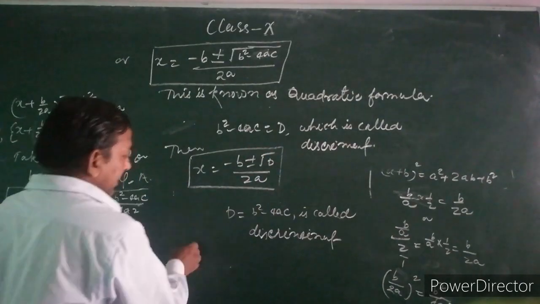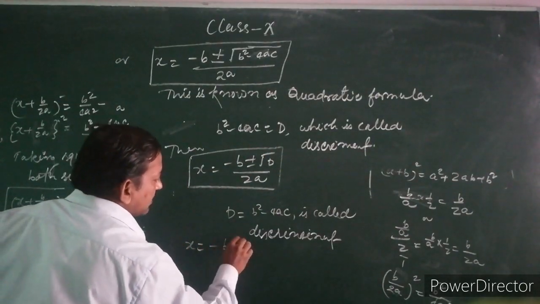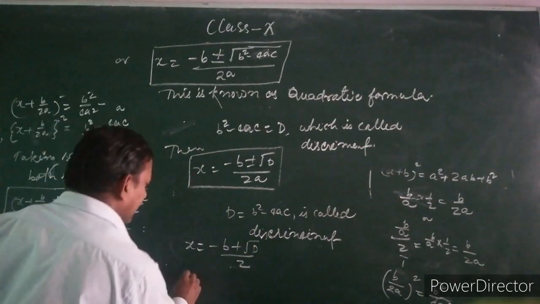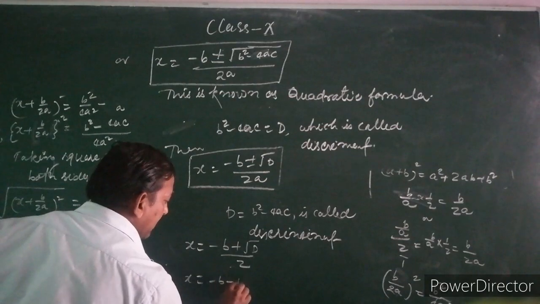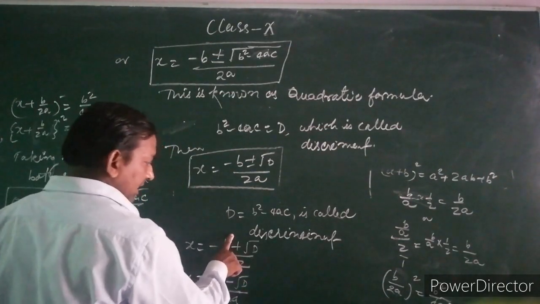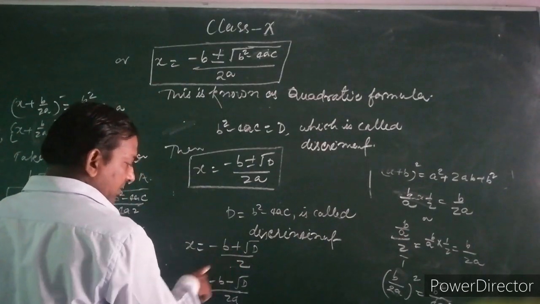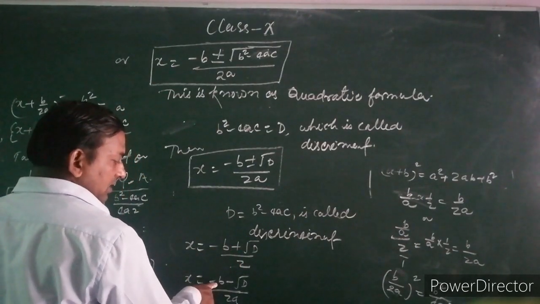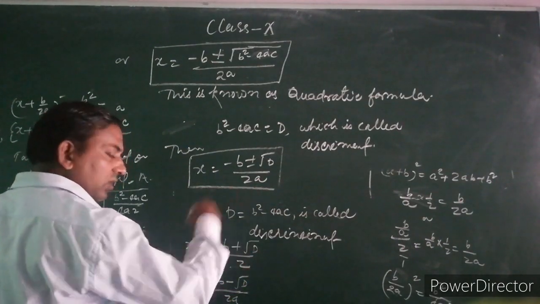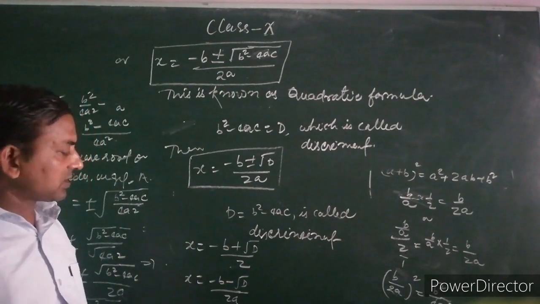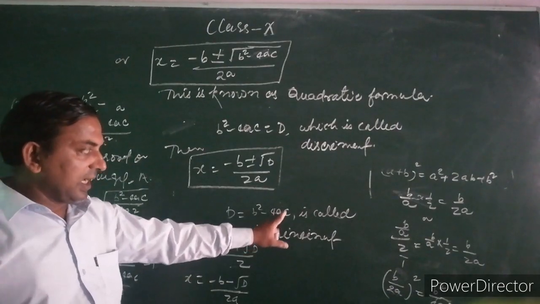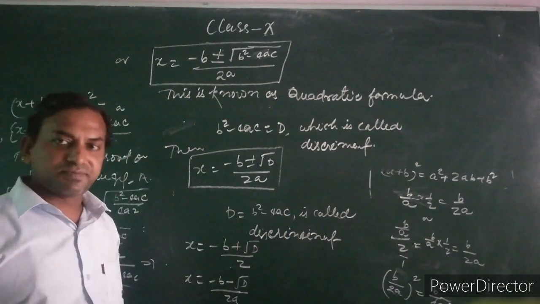If you take the positive sign, then x equals minus b plus under root D upon 2a, and if you take the negative sign, then x equals minus b minus under root D upon 2a, where a is the coefficient of x², b is the coefficient of x, D means b² − 4ac, and c is the constant term.